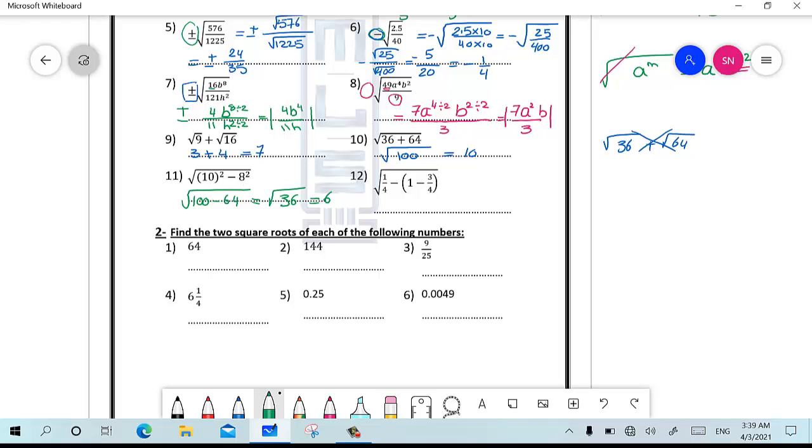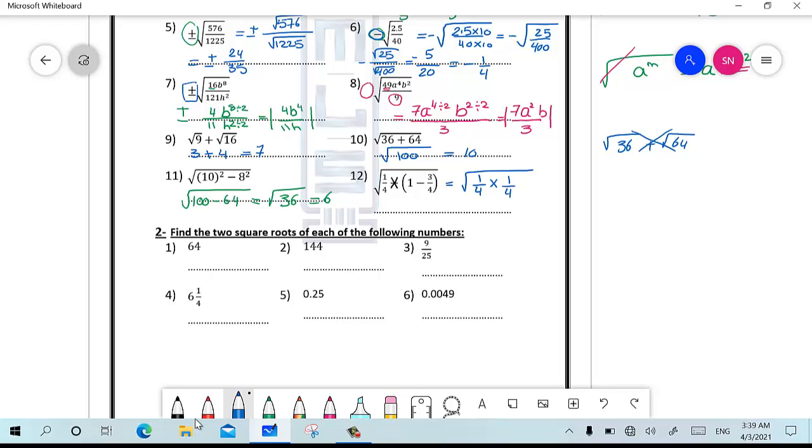And let's go now for number 12. And please, I would like you here to change this from subtraction to multiplication. Let's first find the answer under the square root. So here I have the square root of 1 over 4 times, find first the answer between the brackets. 1 minus 3 over 4 is equal to 1 over 4.